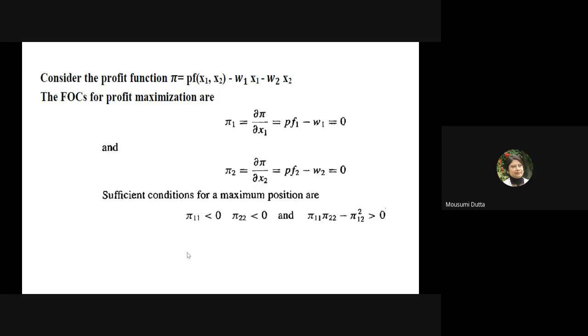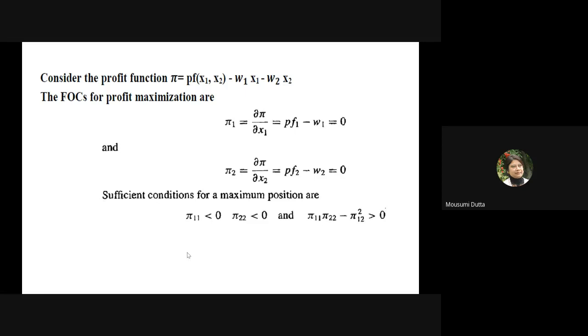So again, we are considering two inputs of production, say x1 and x2. The cost function is W1x1 plus W2x2, if W1 and W2 are the prices of the inputs. So in this problem, x1 and x2 are two inputs, and W1 and W2 are unit prices for these two inputs.